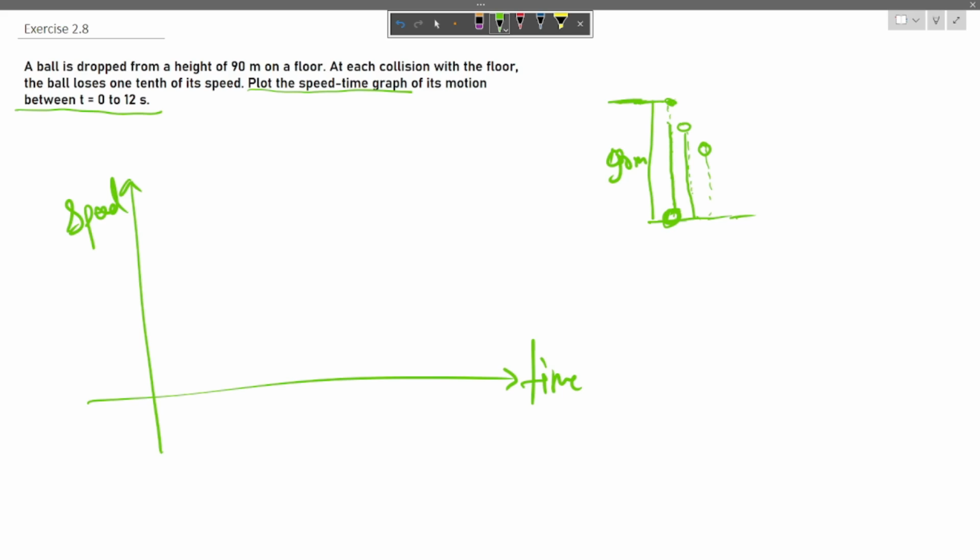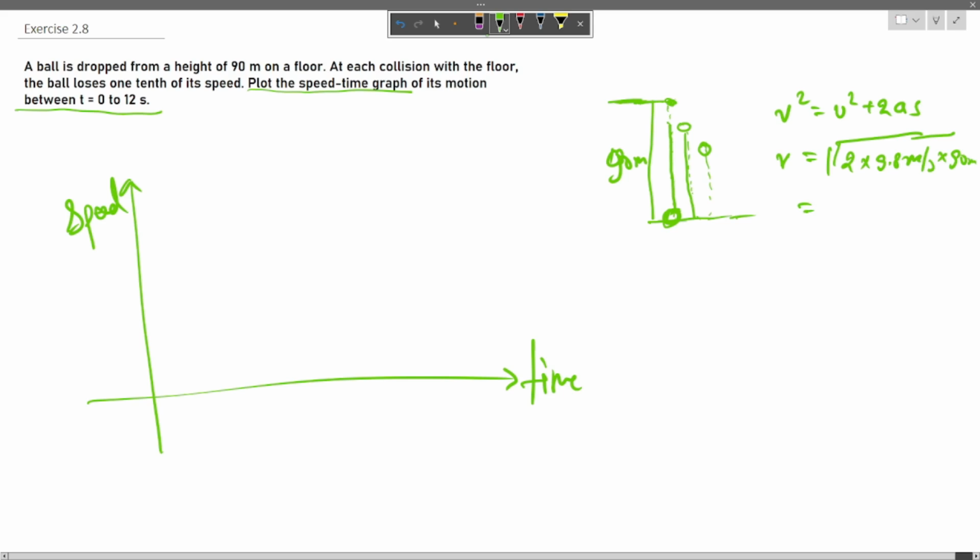So the final velocity at the ground in the first instance can be calculated by the relation v squared equals u squared plus 2as, where v stands for final velocity, u stands for initial velocity, a is the acceleration due to gravity, and s is the distance, that is 90 meters. Since u equals 0, v would be equal to the square root of 2 times 9.8 meters per second squared multiplied by 90 meters, and that would give us a v of 42 meters per second.